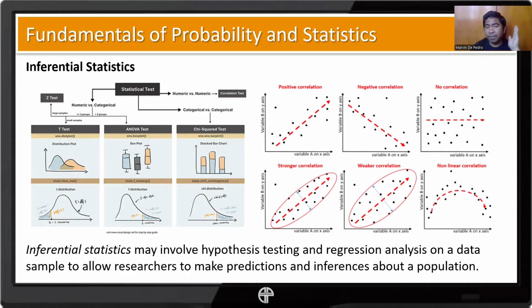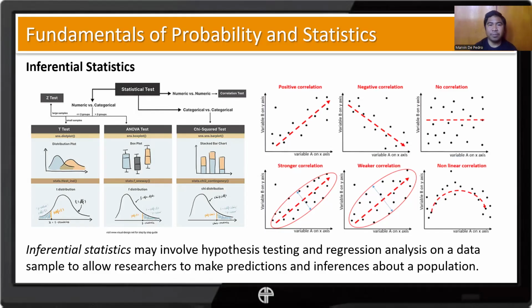Okay, so assuming we have a normal distribution, let's define first. Inferential statistics may involve hypothesis testing. We're going to discuss that in the next module. And the module after that, regression analysis. Okay, hypothesis testing and regression on a data sample allow researchers to make predictions and inferences about a population.